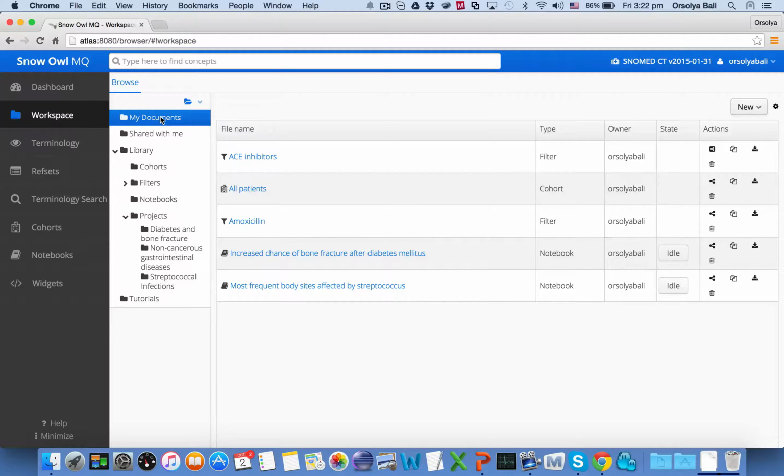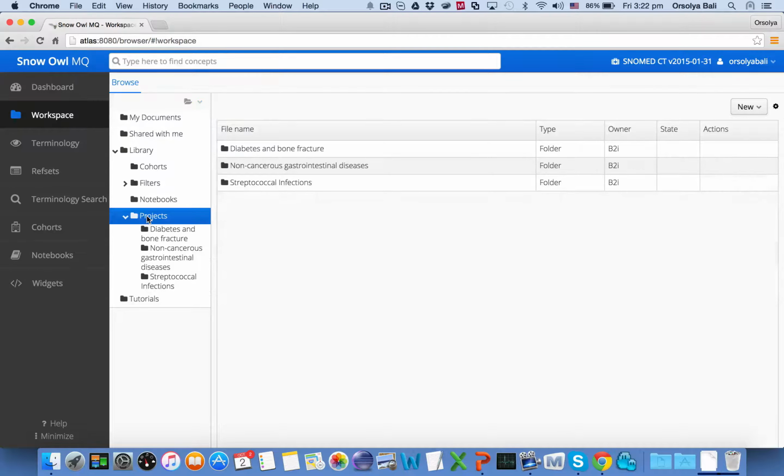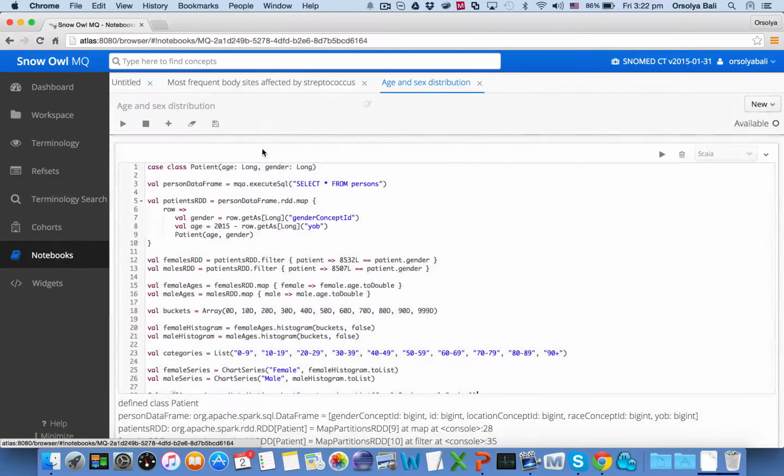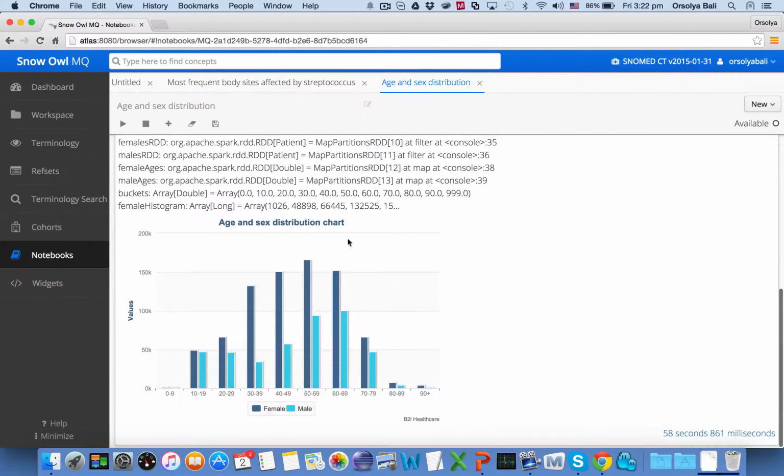And by descriptive statistics, I don't only mean that we look at the demographics and create charts from that, because that is possible. For example, this one is describing our entire patient population by age and gender, age and sex.